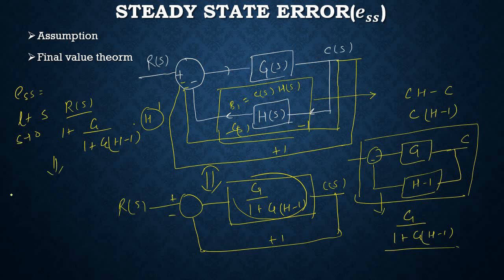So the steady state error will be equal to limit s tends to 0, s R(s) divided by 1 plus G(s) over 1 plus G(s)(H(s) minus 1). You can cross check it by putting H(s) equal to 1 in the case of a unity feedback system. If I put it equal to 1, this simply comes out to be sR(s) over 1 plus G(s)H(s), the same as the last result.